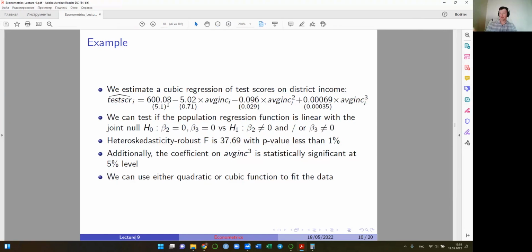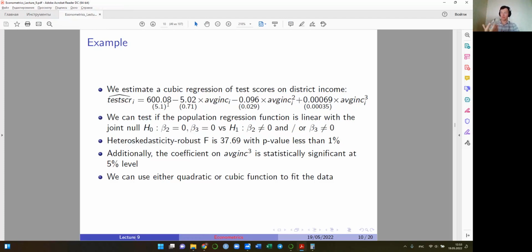But in this model, at least for now, we abstract from all this discussion about conditional mean independence, about omitted variable bias, and so on, because the most important message here is to show how these nonlinear models work.